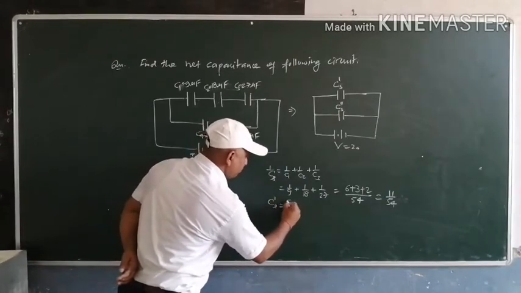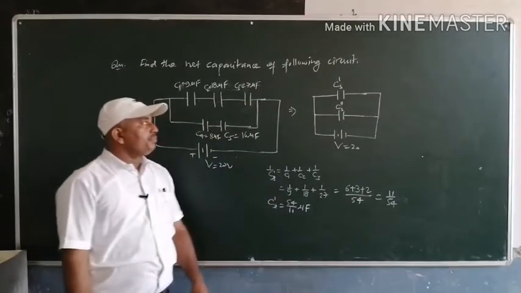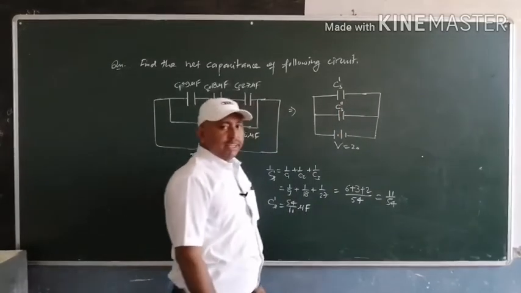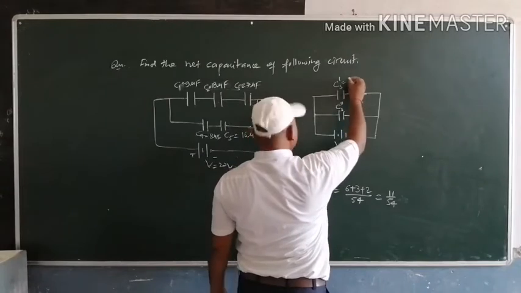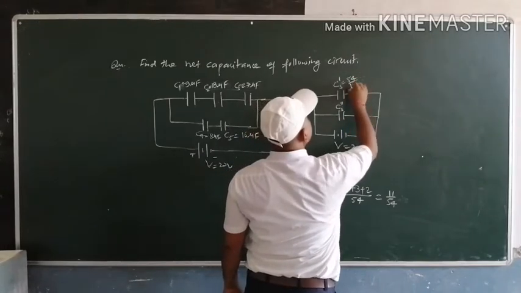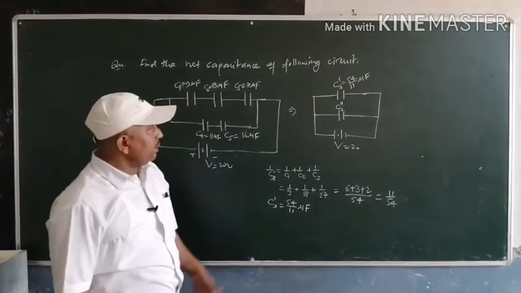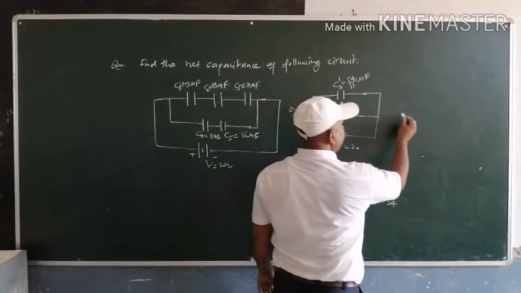That will be equal to 54 by 11 microfarad. The value of Cs dash is obtained as 54 upon 11 microfarad. Similarly, we can find the value of Cs double dash.